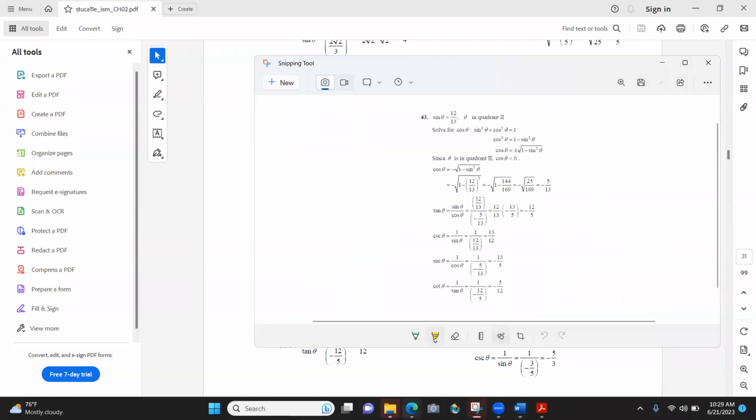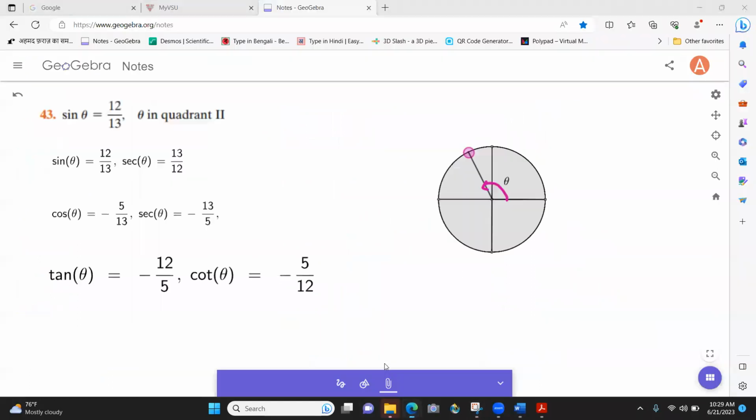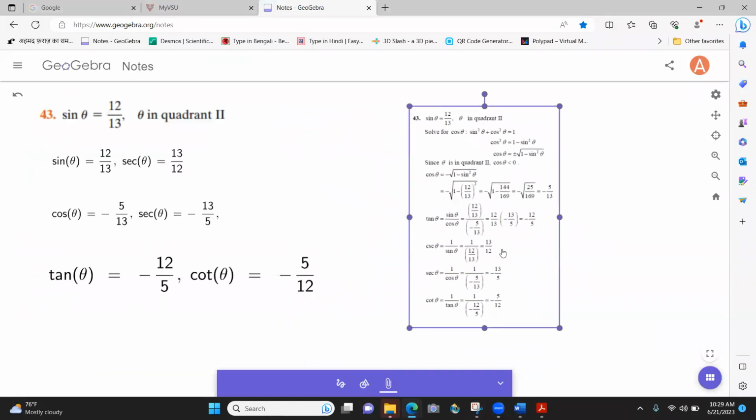Most of the time, it won't be this tedious, okay? So sine is that. That's easy. Cosine, they got negative 5 over 13. That's what we got. And tangent is negative 12 over 5. That's what we got. Of course, if the first three are right, the next ones are reciprocals. They're right. So we got it right.